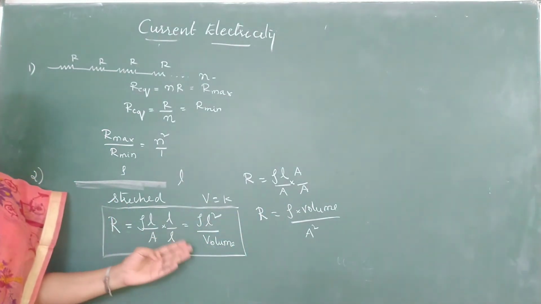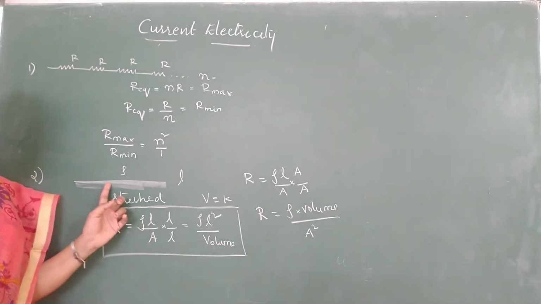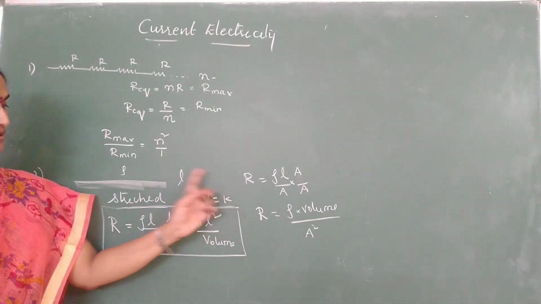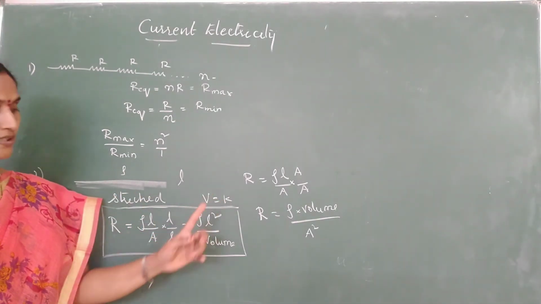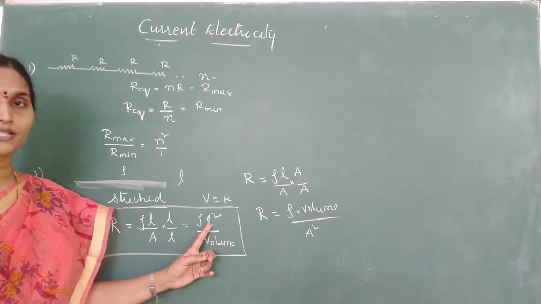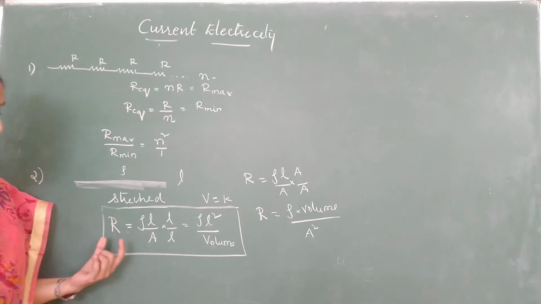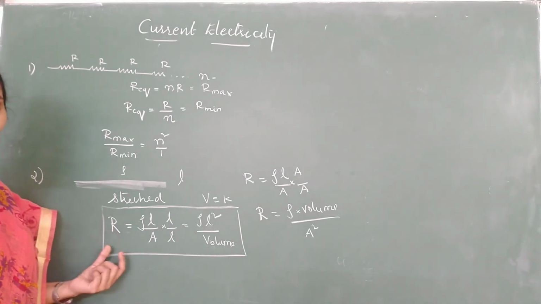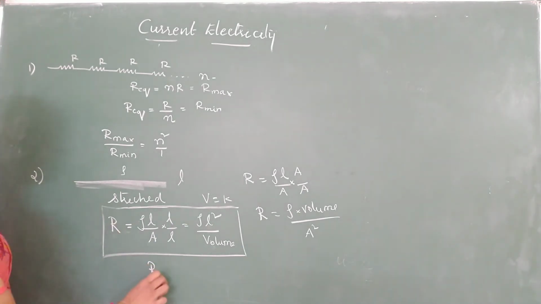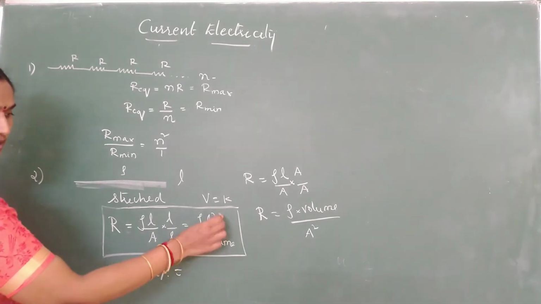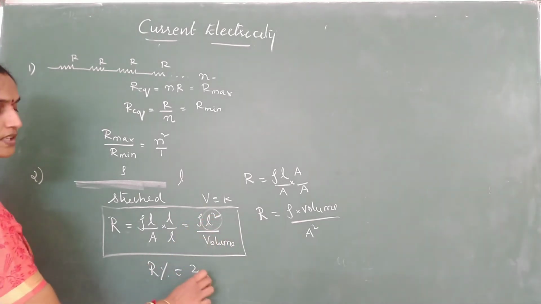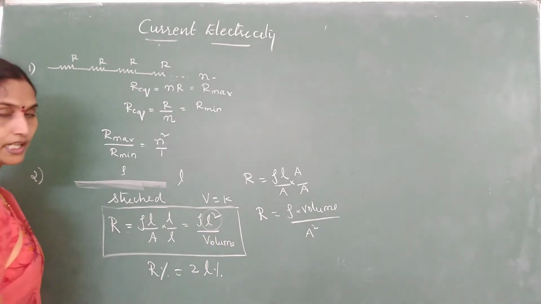Now, if percentage is given, say a wire is stretched such that length is increased by 1%, what is the percentage change in resistance? As long as the percentage changes are less than 5%, we can write the percentage change in R is 2 times the percentage change in L, since R is proportional to L squared.